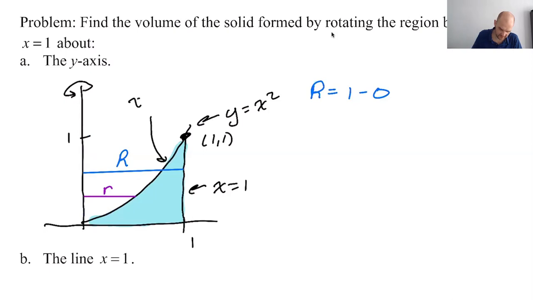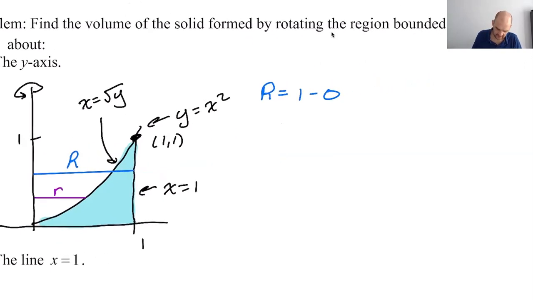I need x equals something. Well, if y equals x squared, then x equals the square root of y. Nothing super groundbreaking there, but it does tell me that the little radius that I'm dealing with is going to be the square root of y minus 0.